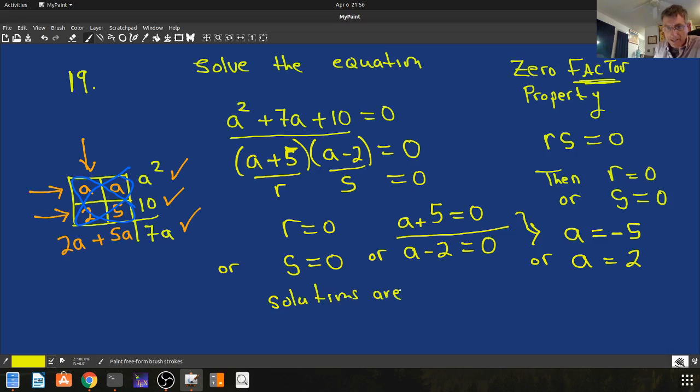are, in any order, this is supposed to be positive. Sorry. I don't know why I put a negative there. This is A plus 5, A plus 2.